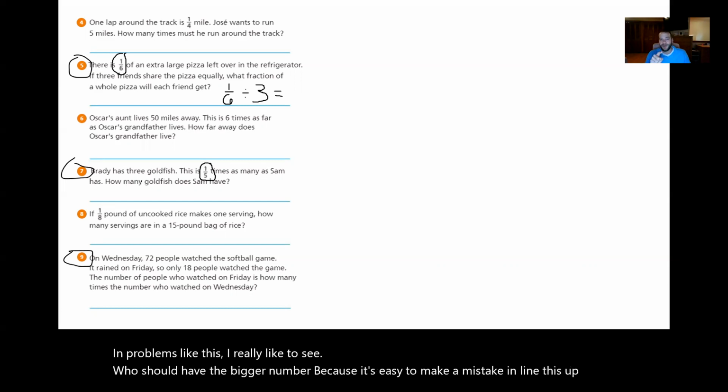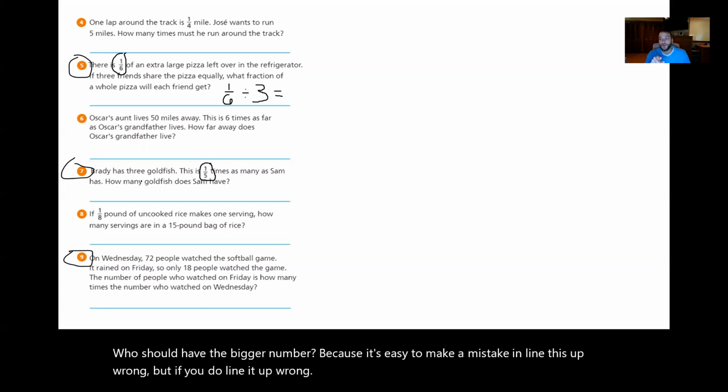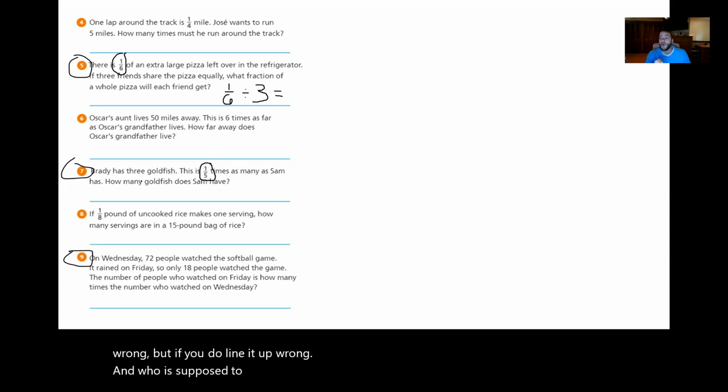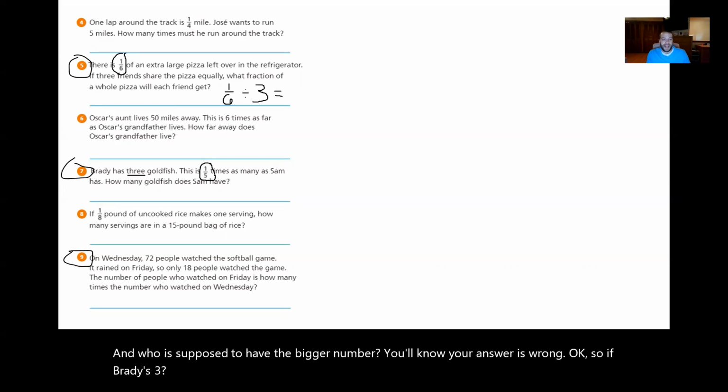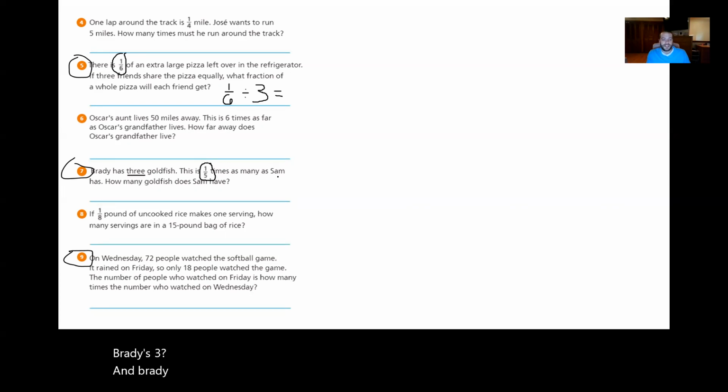But if you do line it up wrong and you know who is supposed to have the bigger number, you'll know your answer's wrong. So if Brady has 3 and Brady has 1/5 as much as Sam, who has more goldfish? Sam, right? Sam has more goldfish.